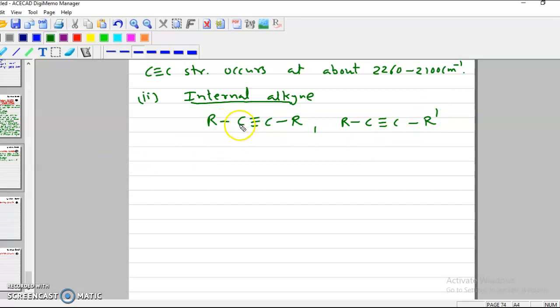Here you can see on the left hand side as well as the right hand side of C triple bond C, there are only R groups, the same groups. So this is called symmetrical alkyne. And here one side is R, another side is R dash, that means another alkyl chain. So it is called asymmetrical alkyne.